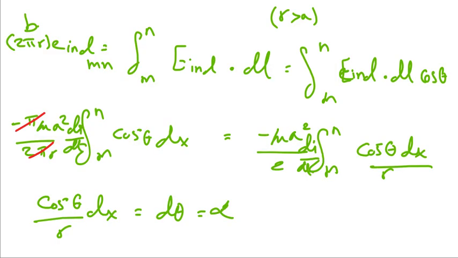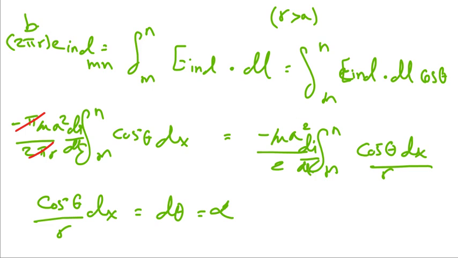So 2 pi r times E induced MN equals the integration of our favorite formula, E induced dot dl, and dl will be in this case x, because we're integrating over the dx region. It could be dx, dy, dz, or a combination of them, but in this case we're doing a linear problem, assuming it's one line.